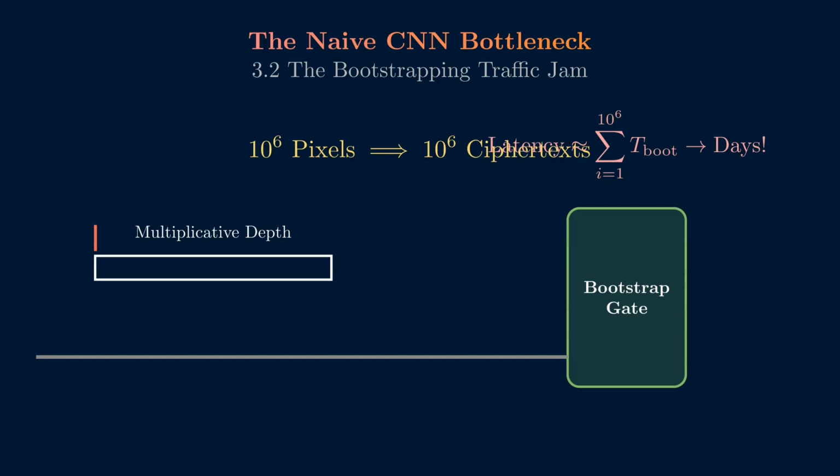When this depth is exhausted, every single sparse ciphertext must individually undergo bootstrapping to refresh its noise budget. Bootstrapping is the most computationally expensive operation in FHE. Forcing the server to sequentially bootstrap thousands of mostly empty ciphertexts creates a massive processing queue. The inference latency skyrockets from seconds to days, grinding the throughput to an absolute halt. A paradigm shift in data packing is strictly required.